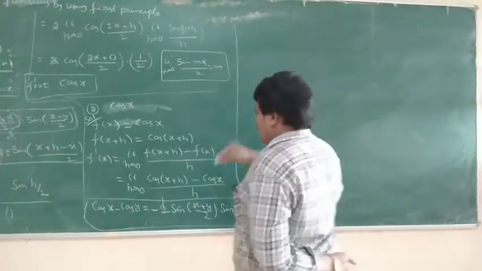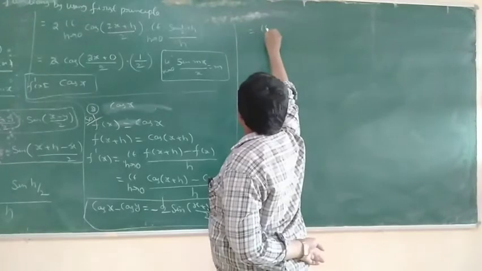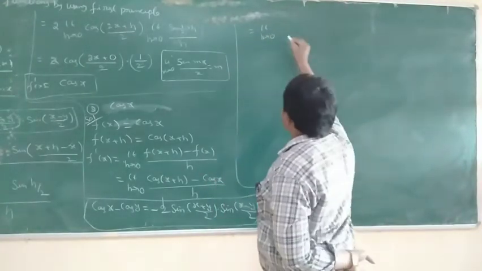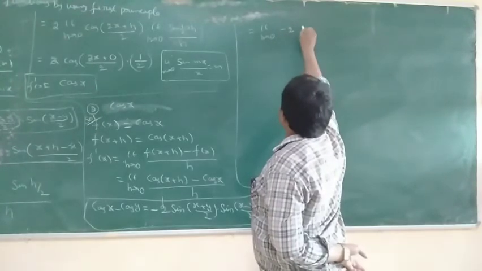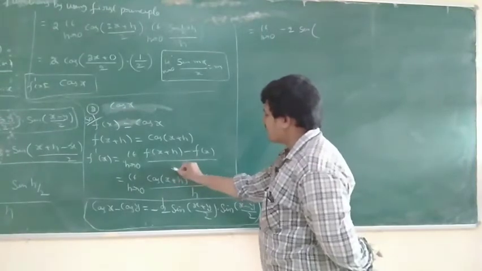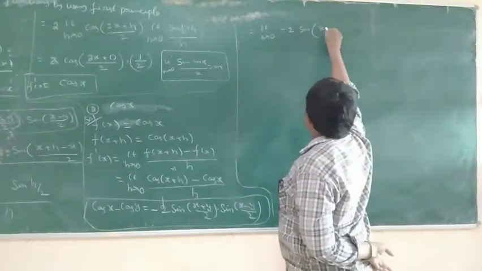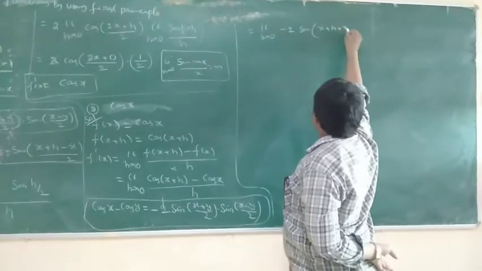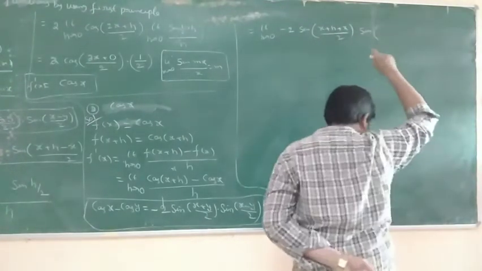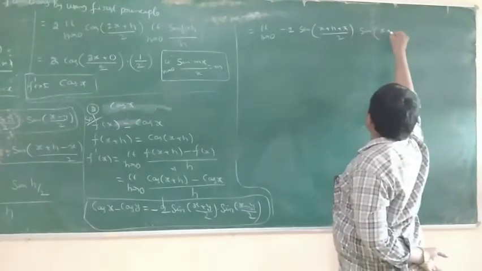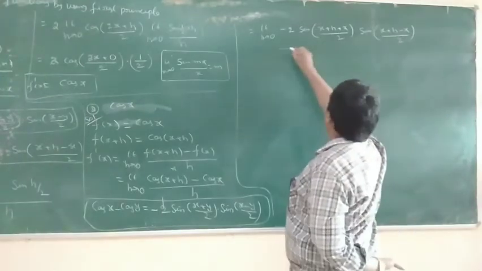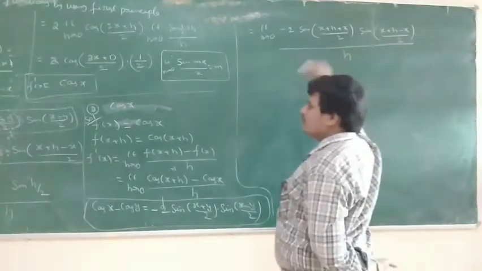So that is equal to the limit as h tends to 0 of cos x minus cos y, which is minus 2 sin of (x plus y) by 2. Here this is x and y: (x plus h plus x) by 2, into again sin of (x plus h minus x) by 2, all by h.